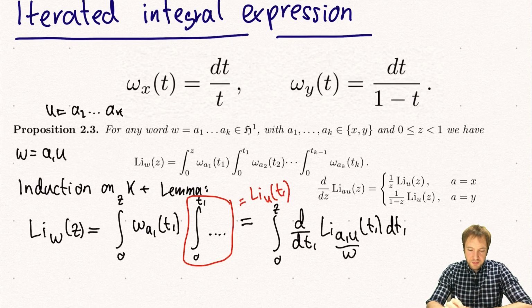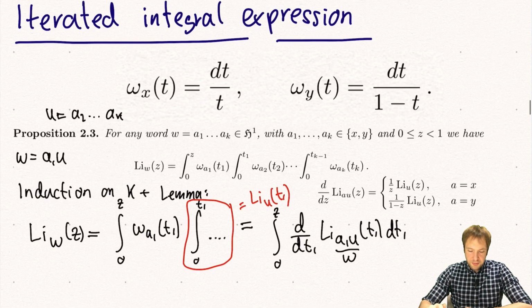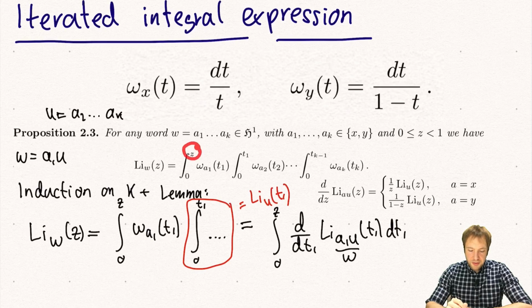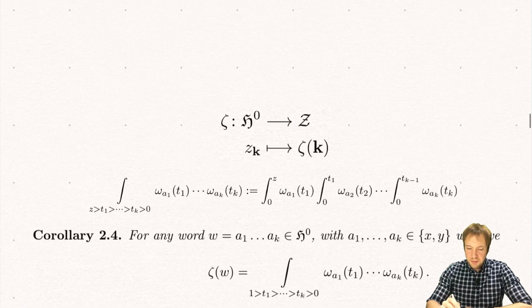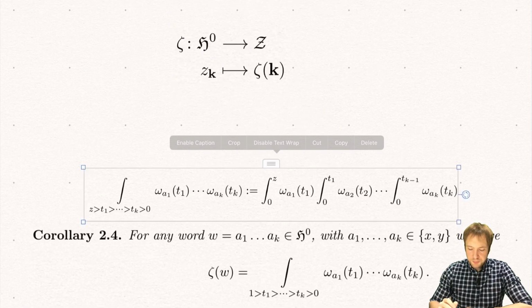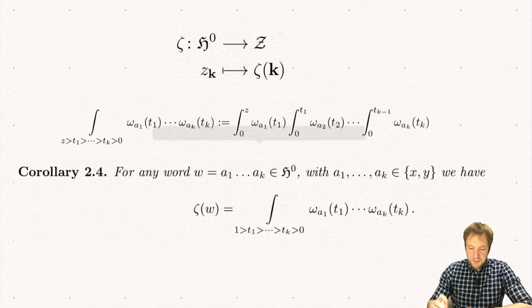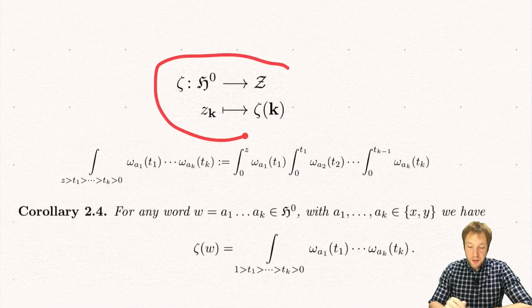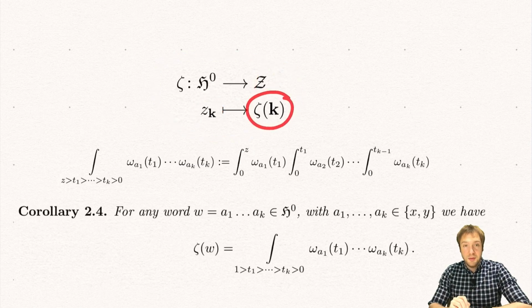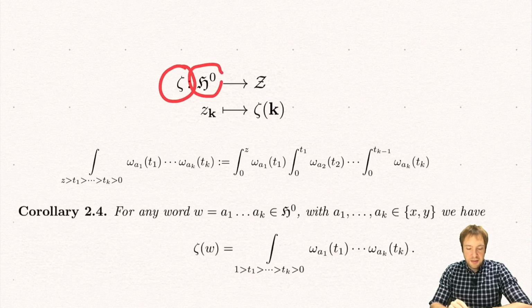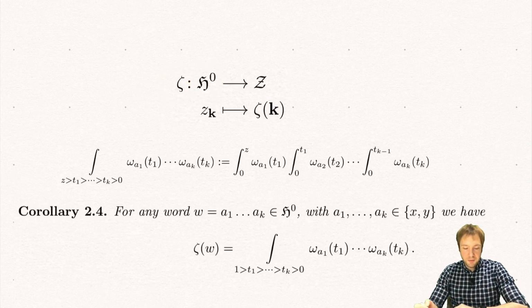so now we have this, and now one application is, since this Li also makes sense for z going to 1, we now want to consider the iterated integral expression of the multiple zeta values. So we also view zeta as a map from H0 to R by sending the generator zk to zeta k, and then again linearly extend this map to all elements of H0.